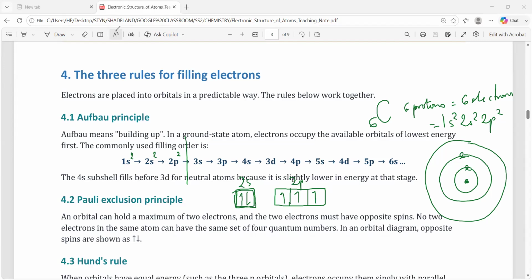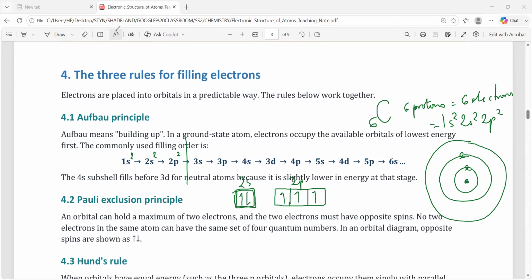Are they not having the same energy? Look at it very well. You will see that though they are in the same shell, the second shell, the same subshell, which is the s subshell, and the same orbital, look at their spin. Their spins are opposite.